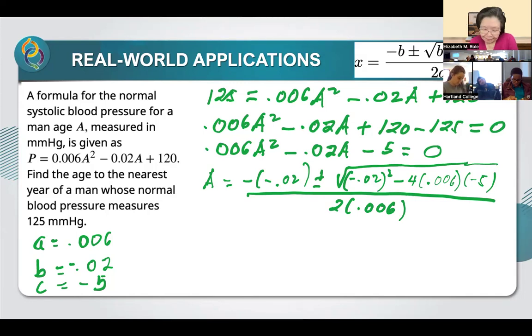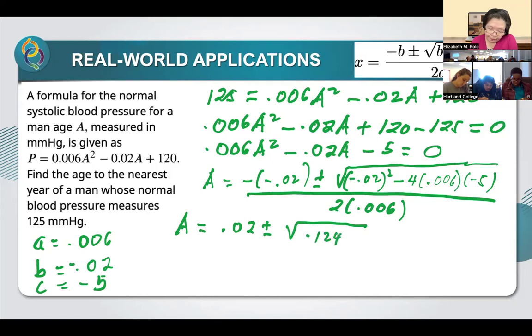You got an answer? So you ended up with 0.02 plus or minus, after squaring the 0.02 and minus 4 times 0.006 times minus 5, you got a 0.124? No, it's 0.02 squared.